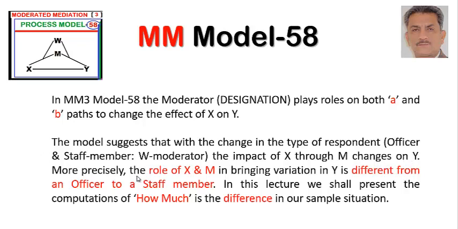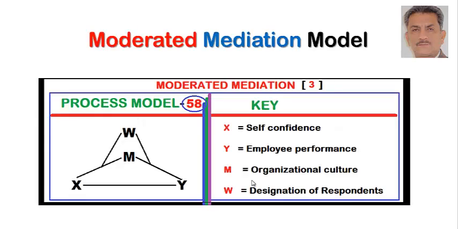More precisely, the role of X and M in bringing variation in Y is different from an officer to a staff member. In this lecture, we shall present the computations of how much is the difference in our sample situation.